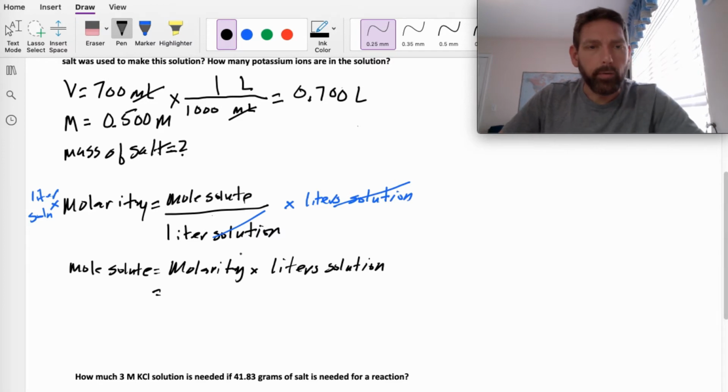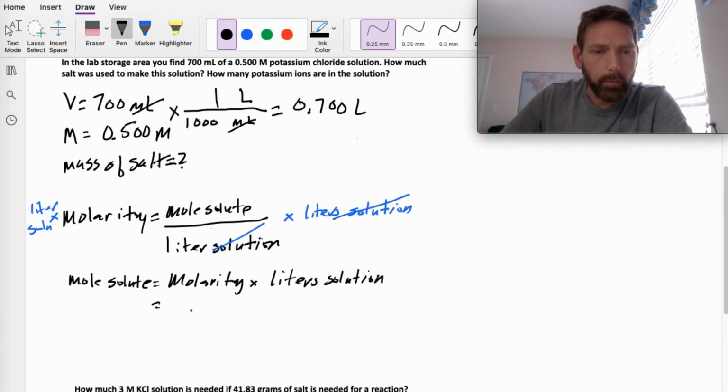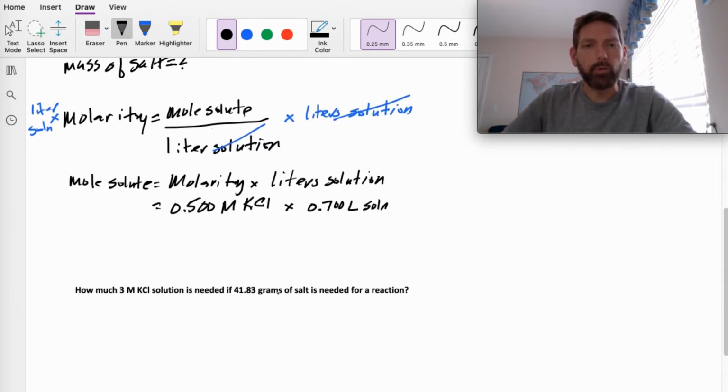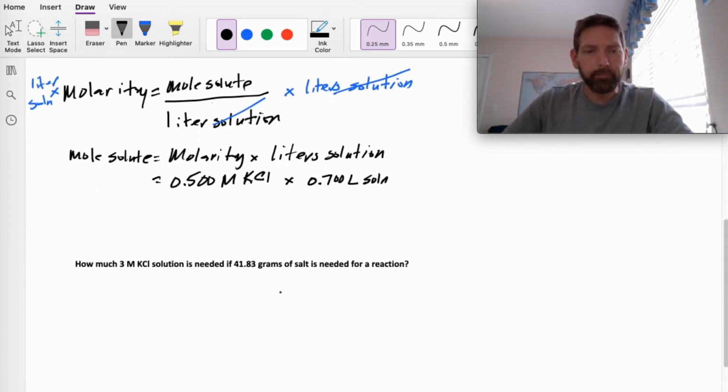Our molarity we know is 0.500 molar, right? 0.5 molar, and we know that that is the potassium chloride, so that would be KCl, right? And then we're going to multiply that by liters of solution, which we've got, 0.700 liters of solution.